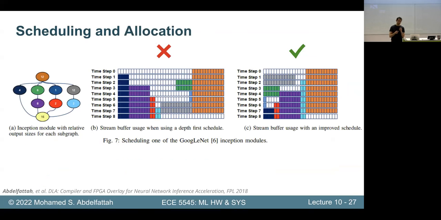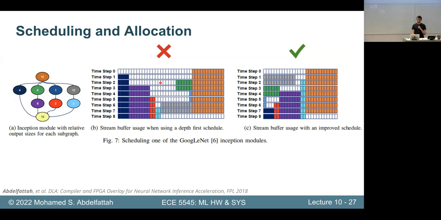Okay. So another tightly related optimization is also scheduling. If we have a subgraph that looks like this, then we also need to decide on the order in which we go through these operations.